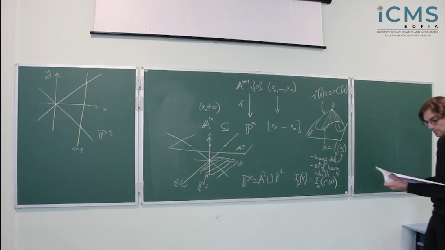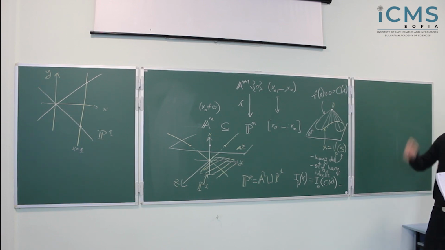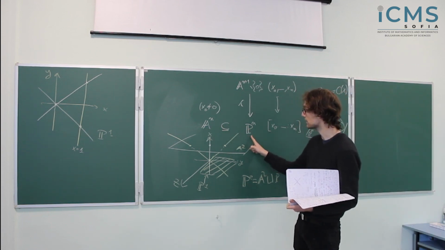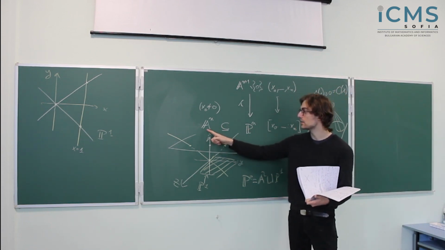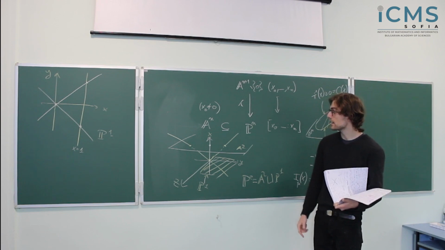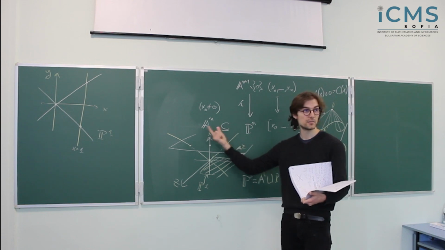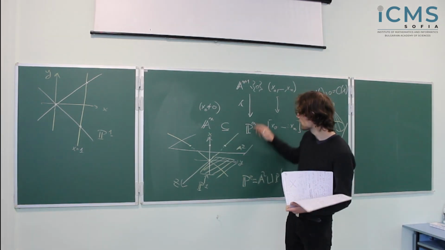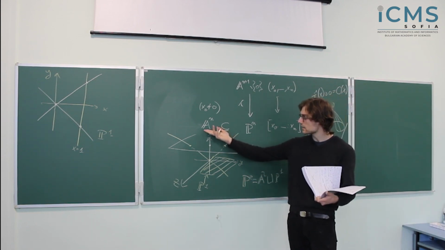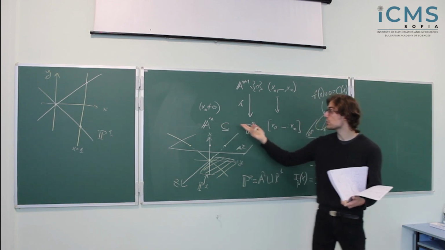Okay, but now one of the things I wanted to talk about today was the link between the topologies here and the topologies here. So what happens at the level of these affine charts? What I want to say today will be about how these topologies are consistent between the two, and how I can take a closed subset here and take its closure inside of here.